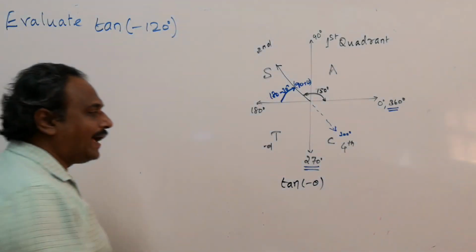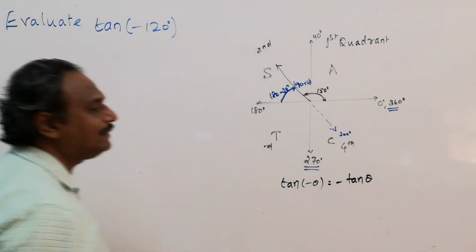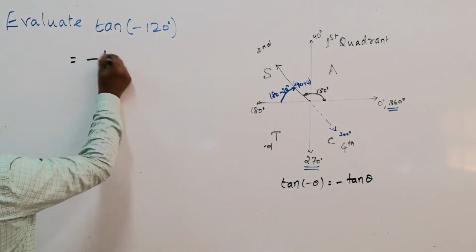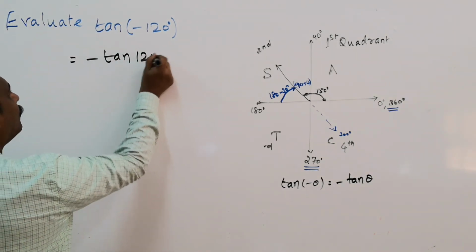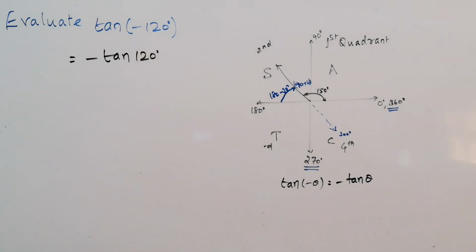So tan minus theta is nothing but minus tan theta, isn't it? So the value will become minus tan 120 degrees. First I am considering this minus and then expressing the correct value.